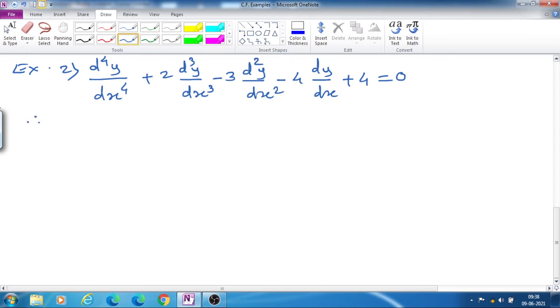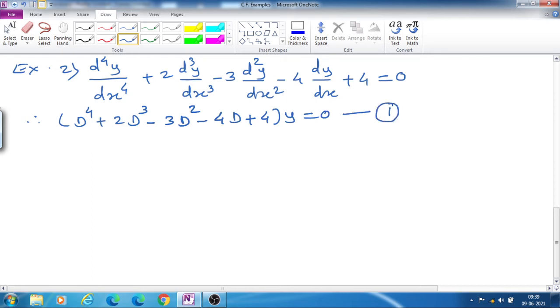Now first we write our equation by using operator D. Therefore we can write (D⁴ + 2D³ − 3D² − 4D + 4) y = 0.